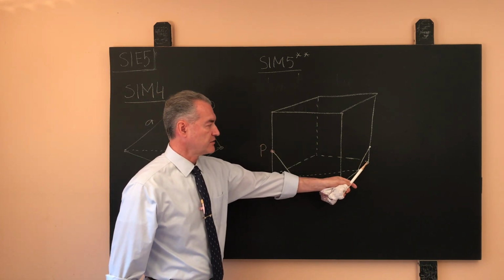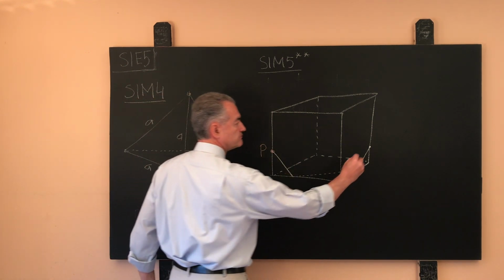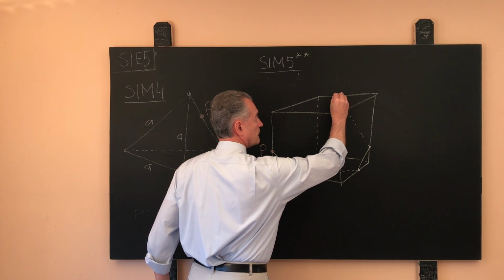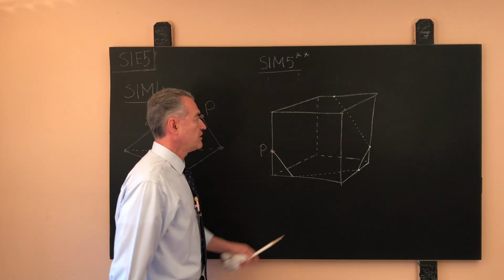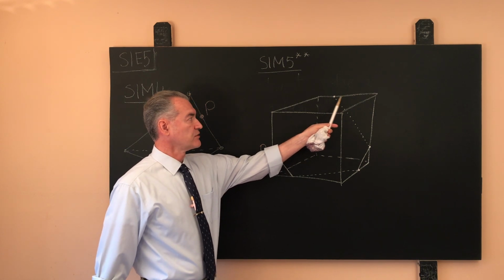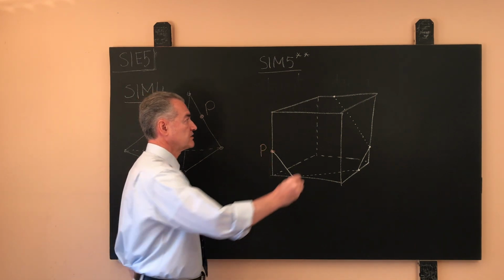Now, the fourth leg of this orbit will run through the back face of the cube and parallel to the diagonal that runs from here to here, like so. Now, for the fifth leg of the orbit, it will run parallel to this diagonal of the top face, like so.